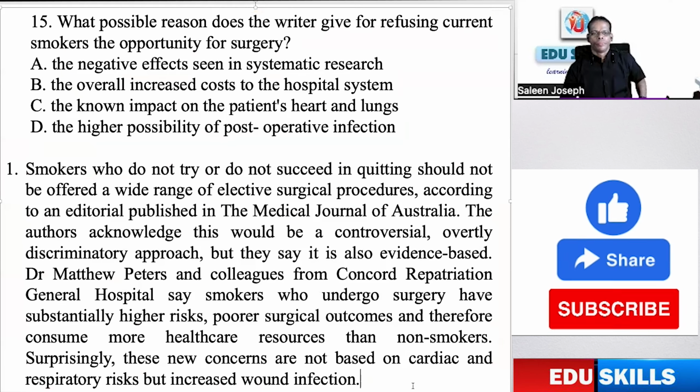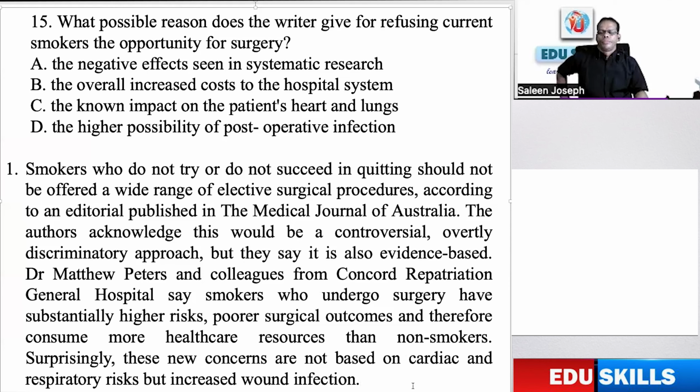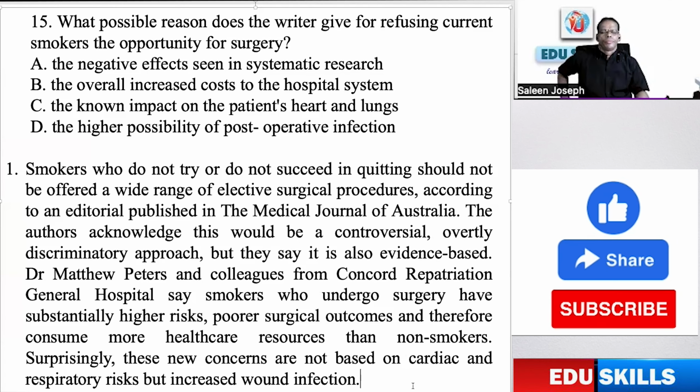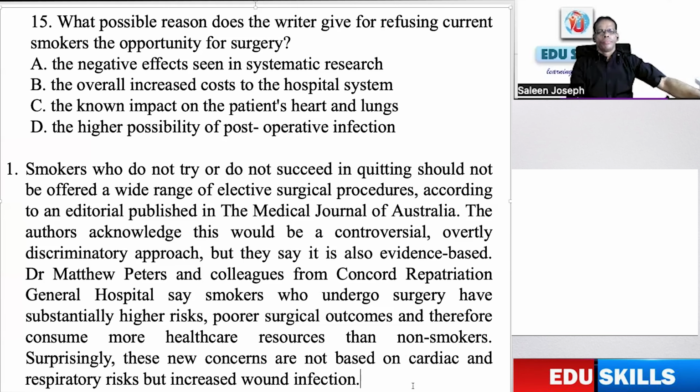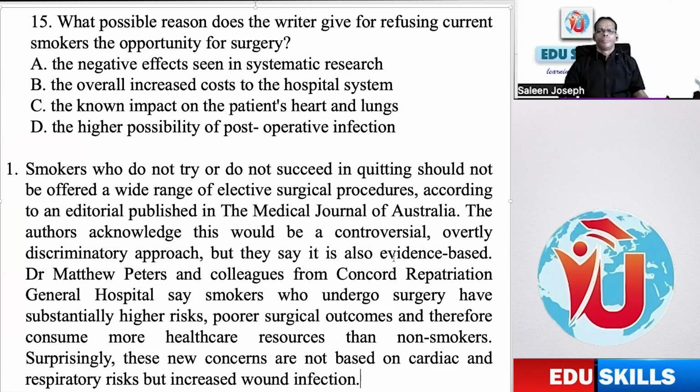15. What possible reason does the writer give for refusing current smokers the opportunity for surgery? A. The negative effects seen in systematic research. B. The overall increased costs to the hospital system. C. The known impact on the patient's heart and lungs. D. The higher possibility of post-operative infection. Smokers who do not try or do not succeed in quitting should not be offered a wide range of elective surgical procedures, according to an editorial published in the Medical Journal of Australia.